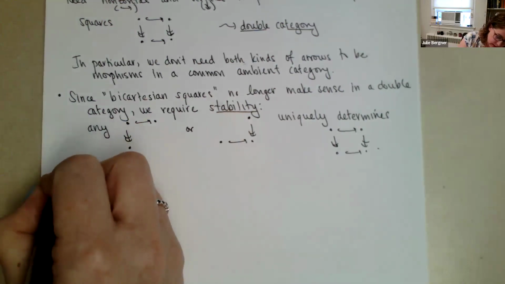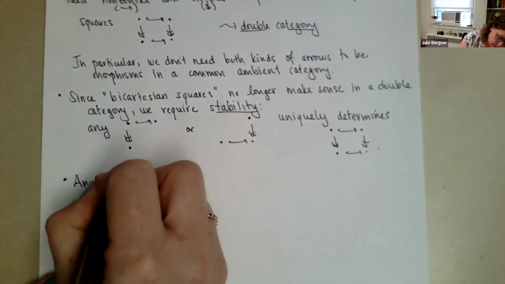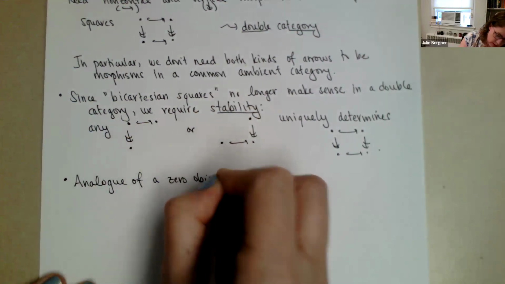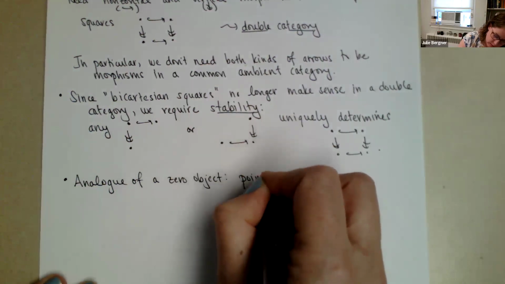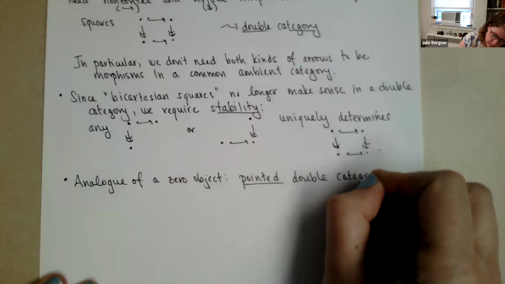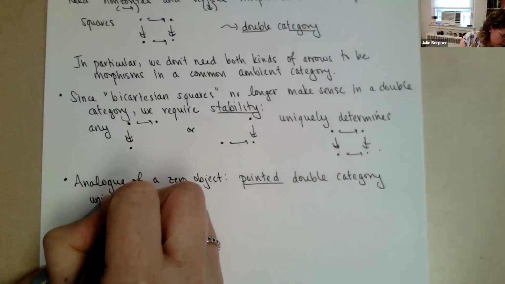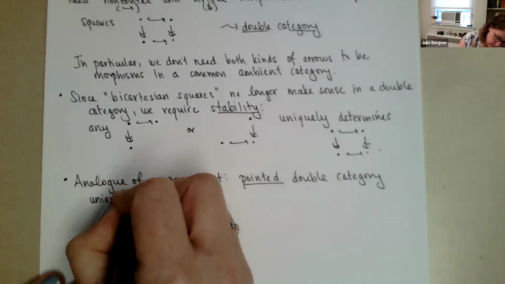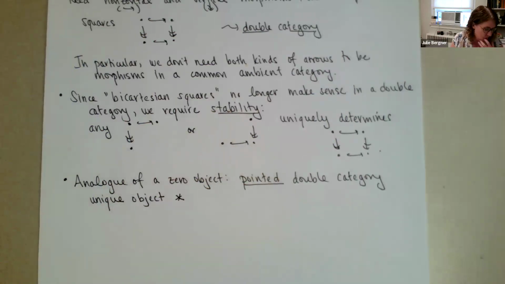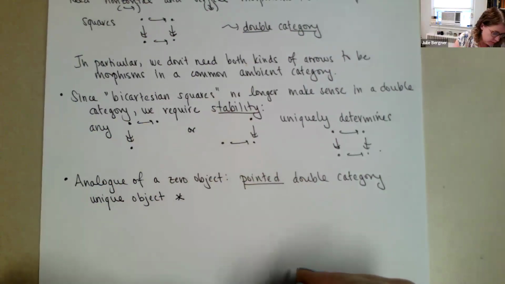And then the last thing that we need is the analog of a zero object. And this is what's called a pointed double category. If you look at where this is going to sit in these S dot diagrams, then you say, well, we have a unique object star, and it doesn't have to be a zero object in both categories.